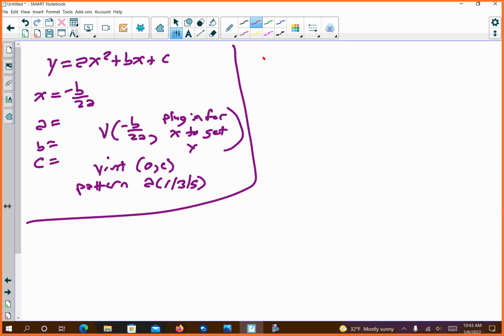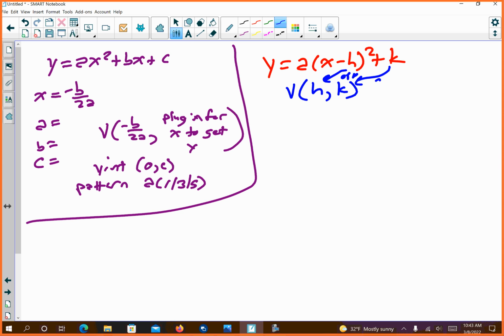You also might have a problem that looks like this. This is called vertex form. If I found my vertex, I know that my h value goes into my k value. The h value is opposite. The k value is the same.